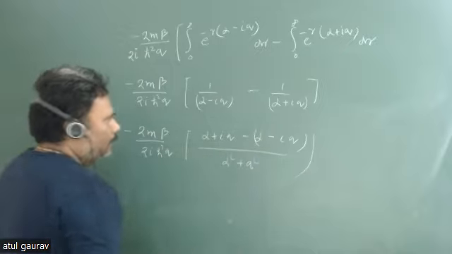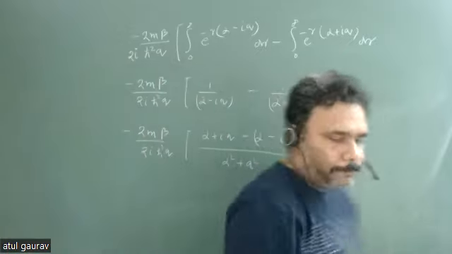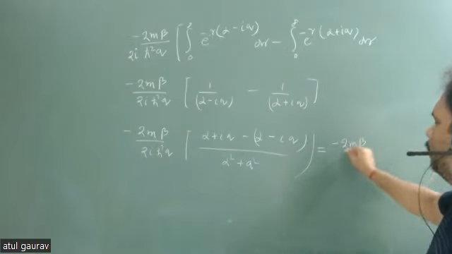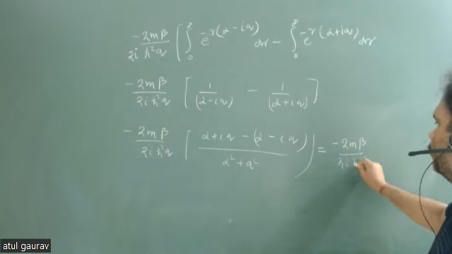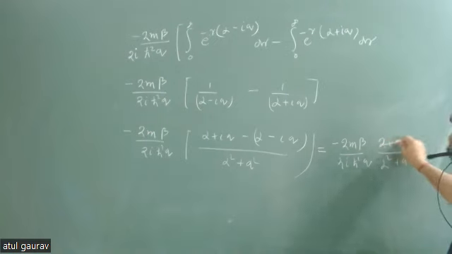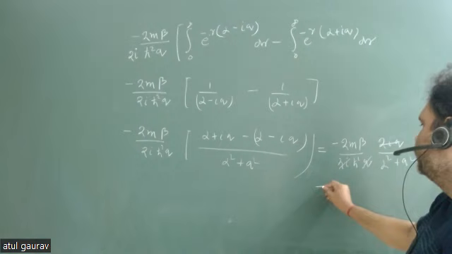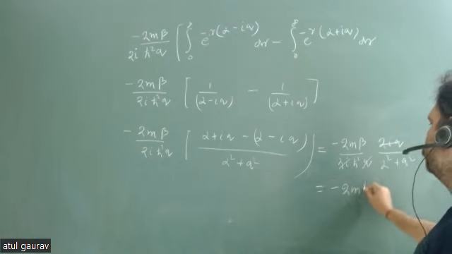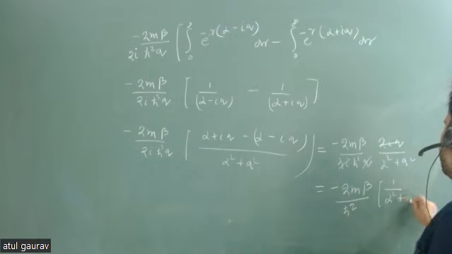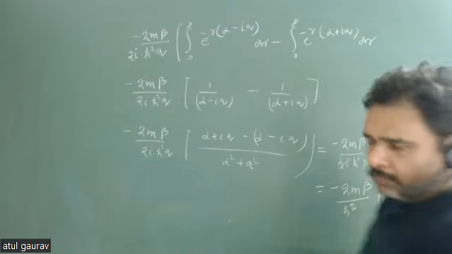This alpha will cancel out and this value is equal to minus 2mβ upon 2i ħ² q, and here 2iq by α² + q². So 2iq will cancel, and this value is minus 2mβ upon ħ², and here we are getting 1 upon α² + q². Okay.